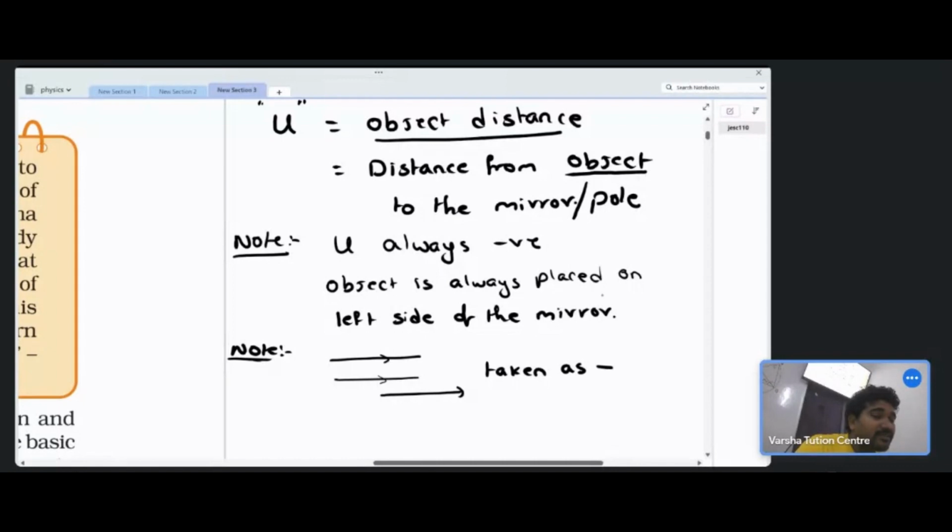Another point is, the lengths measured opposite to the direction of the incident rays are taken as negative.